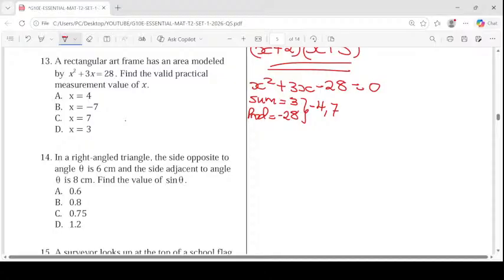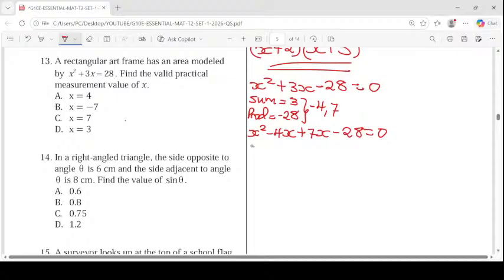Now we are going to substitute those two numbers into the middle value. So this becomes x squared minus 4x plus 7x minus 28 is equivalent to 0. Then factor out the common ones.